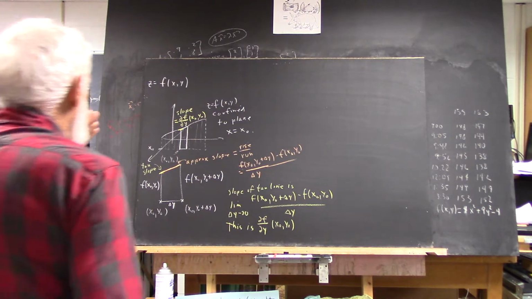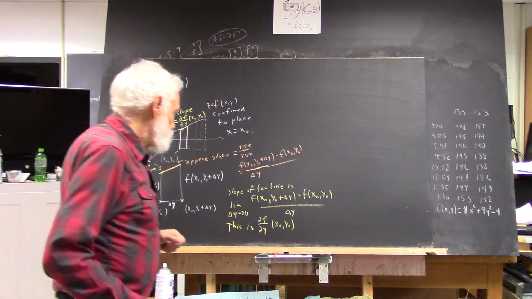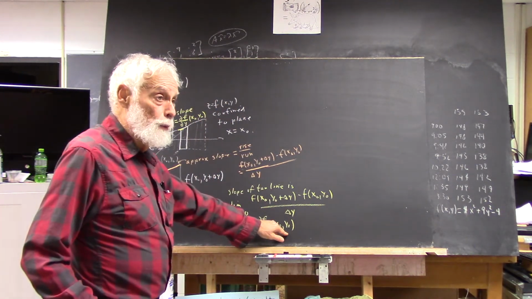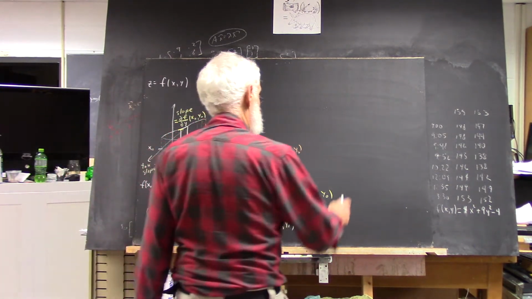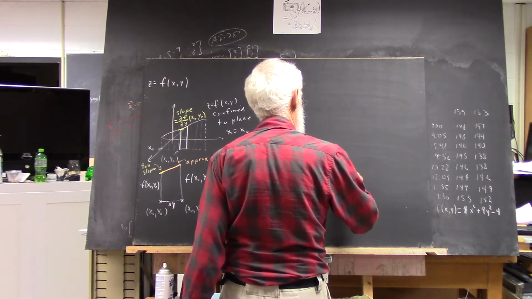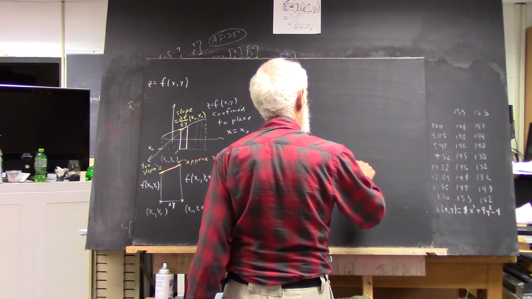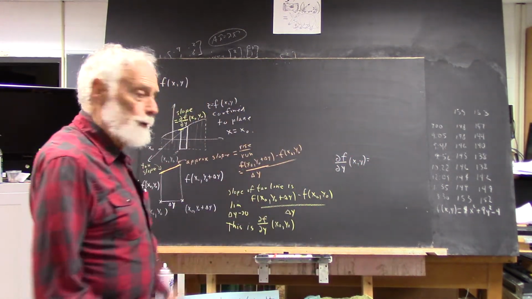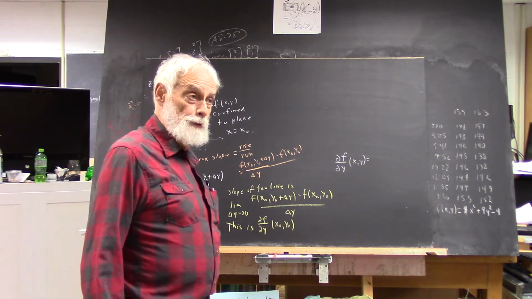Okay, now, that would be the partial of f with respect to y at x naught, y naught in general. Partial of f with respect to y at any point x, y is just the same expression, but we don't put the subscripts on it.